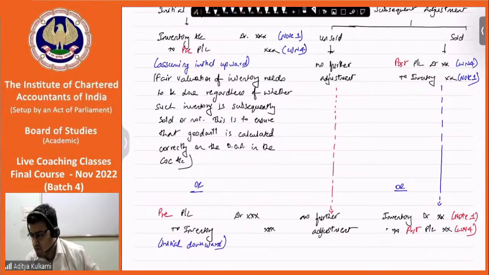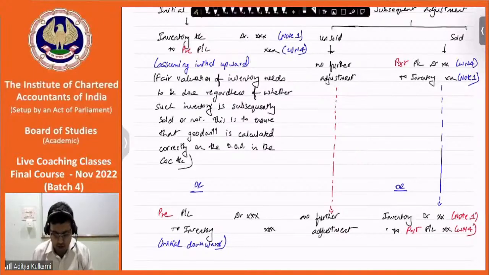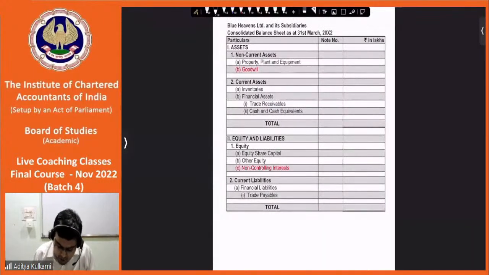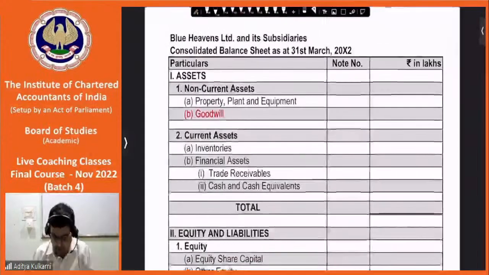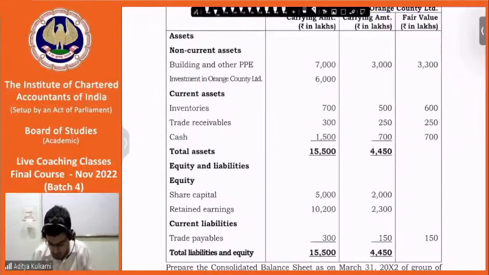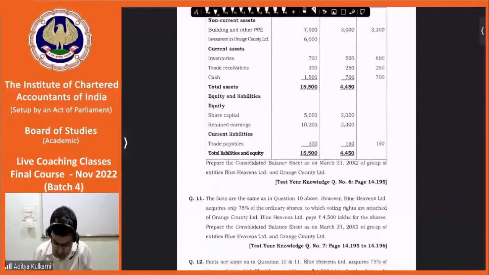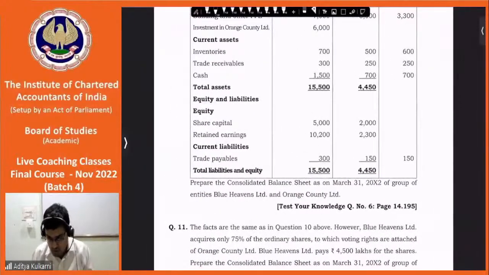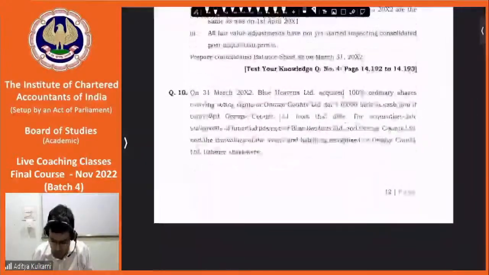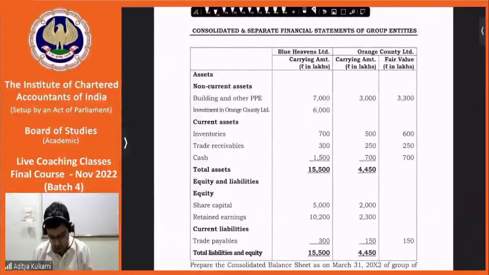Fine. So now I will be giving you a homework. Try to solve question number 11 of this sheet. Okay. I will be doing it on Tuesday. Our next class is on Tuesday.